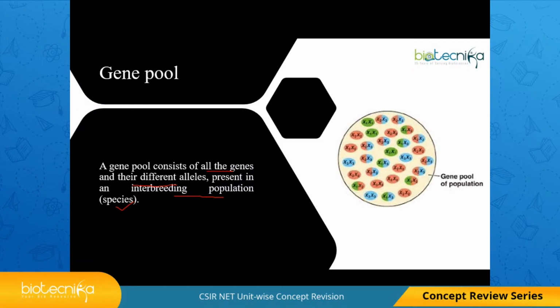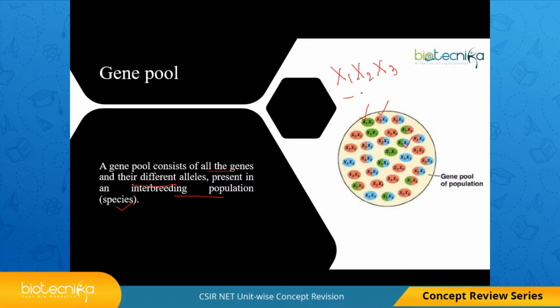Again, if you look at the diagram here, can you see the different variation that is present? You have X1X1 homozygous, you have X2X3, you have X1X2. Basically, if you look at this variation, you will see there are only three alleles: X1, X2, and X3.